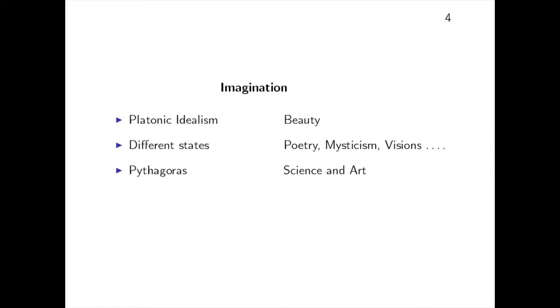And imagination is a state of mind. It is not directly related to the physical world, but it is in a sense outside it. Well, outside it really means inside the mind, because nowhere else can the imagination be, except inside the mind.